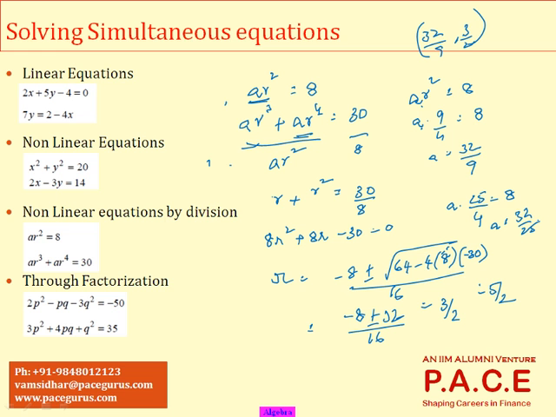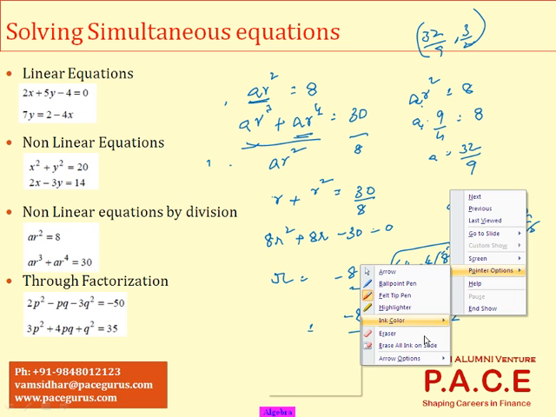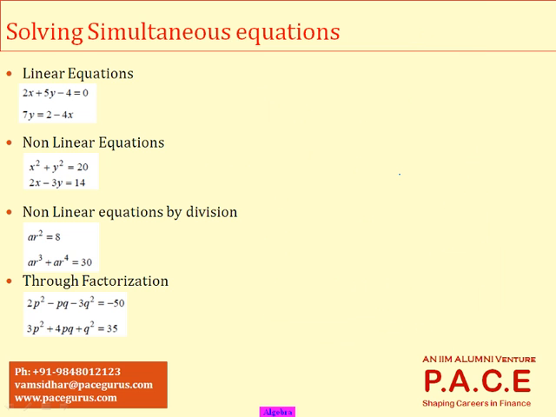So whenever we have some kind of non-linear equations where they are tied together through multiplication, we can do this kind of solution also. So better you practice even this kind of scenario. And one more method is, you can do a factorization for each one of them.